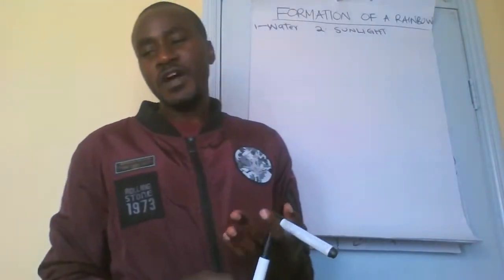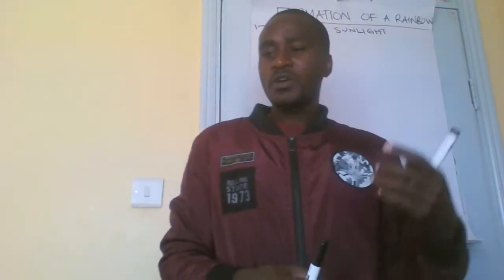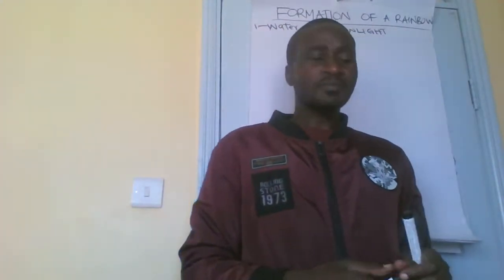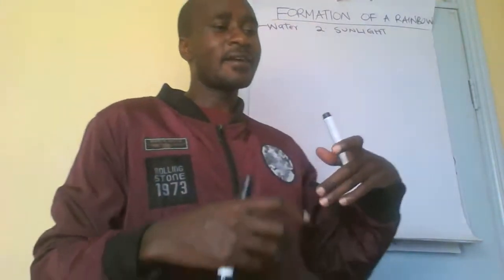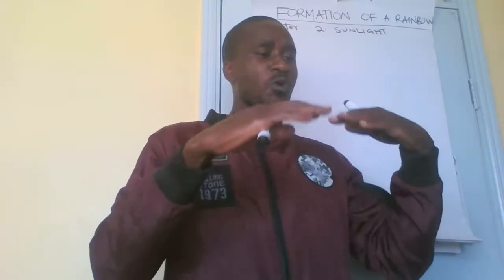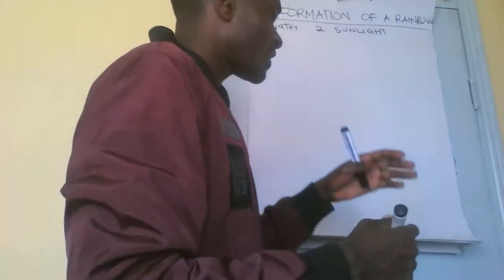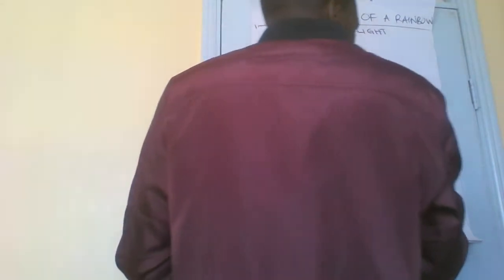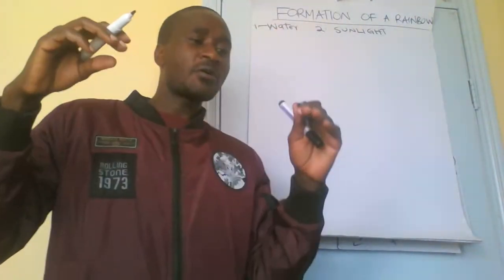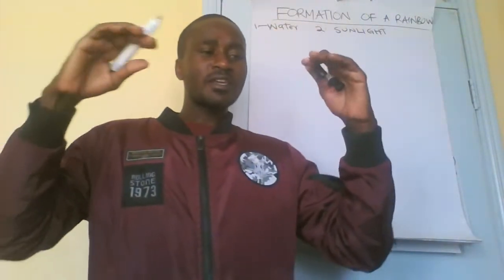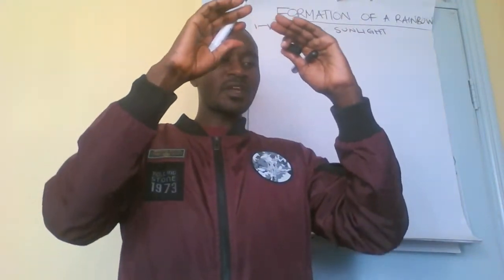First we are going to find out the meaning of rainbow. We find out a rainbow is not only one color, there are different colors. So what brings this? A rainbow is formed due to refraction of light, and this refraction of light is the bending of light.